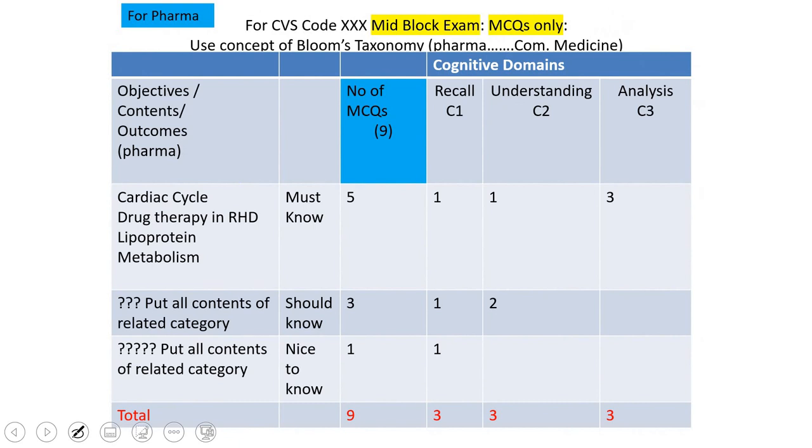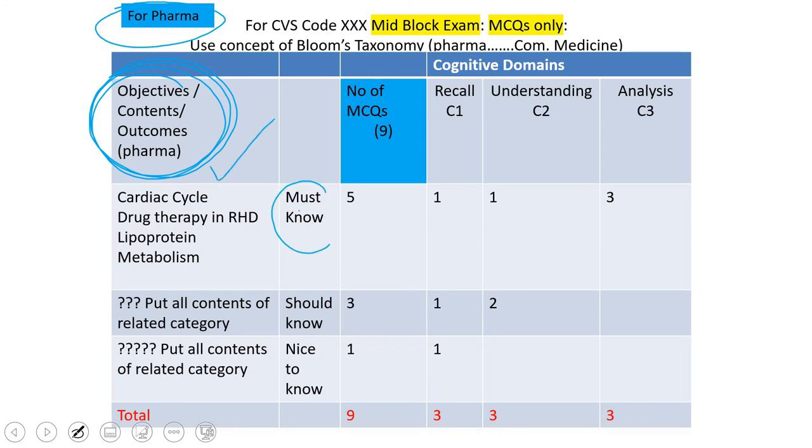And remember, since the curriculum is taught through a blended, integrated method, it has different disciplines like pharmacology, anatomy, physiology, microbiology, community medicine. So for pharmacology, as a rule of thumb, the contents of the curriculum, the objectives or the outcomes of the curriculum, you have to list in a column.